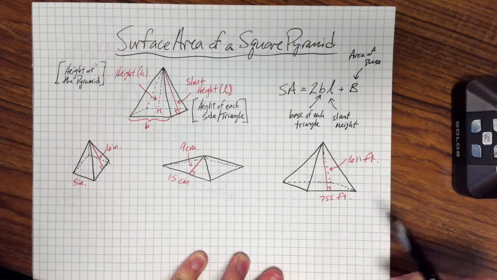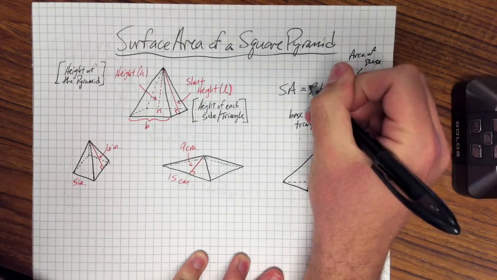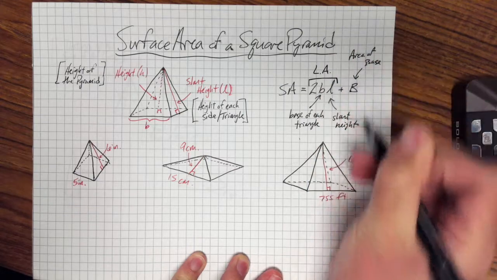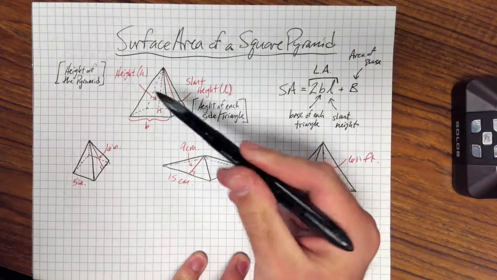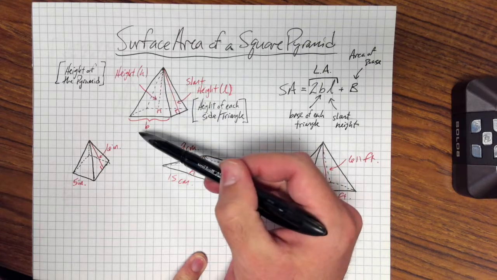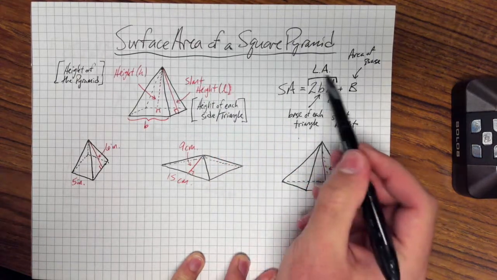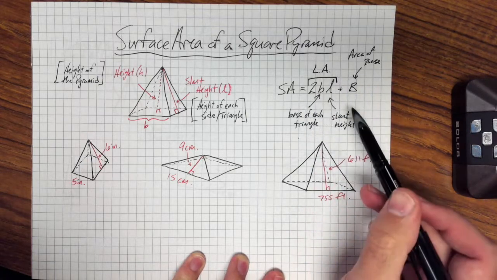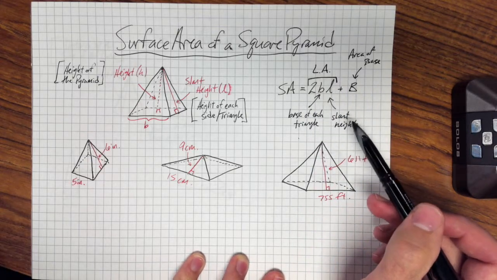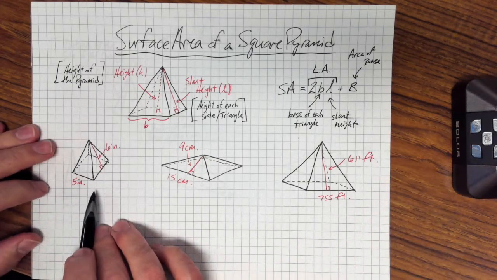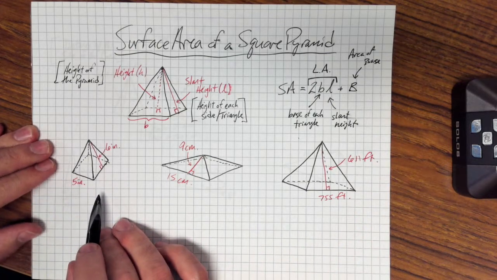The only other thing you need to make sure you label is that this whole part finds the lateral area of the pyramid. Lateral area means the area of all of the 4 triangles, but not the base. So that finds the lateral area. This is everything you need to label and fill out from memory on your test. Now, let's do a couple of quick problems, and then we'll be done with surface area of a square pyramid.